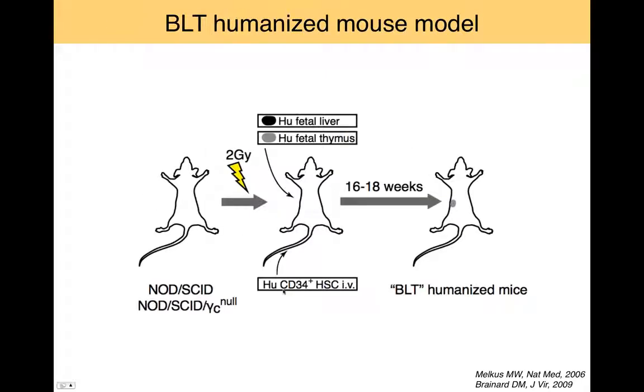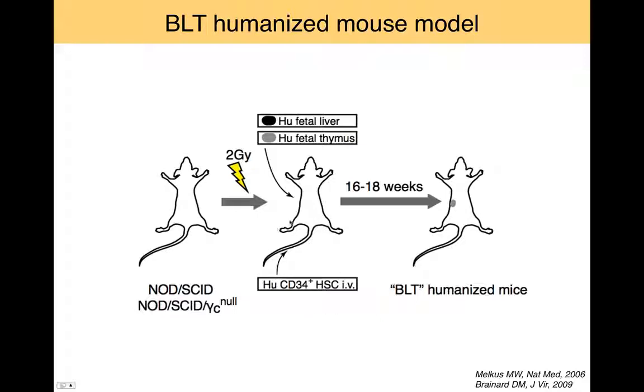So again, regular mice can't be infected with HIV, so we had to use very special mice. These are immunocompromised NOD mice with a SCID mutation and in some cases a cytokine gamma chain deficiency, which were irradiated and then transplanted with human fetal liver and human fetal thymus tissue and transfused with human hematopoietic stem cells.